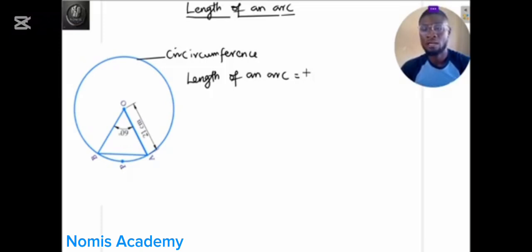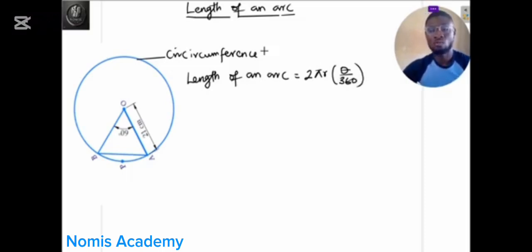Length of an arc is equal to 2 pi r, open bracket theta all over 360. So out of 360 degrees, a particular arc is cut out in an angle that should be calculated.